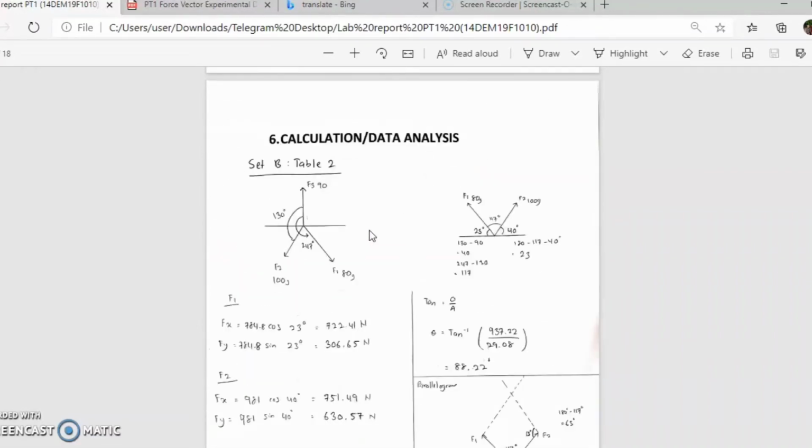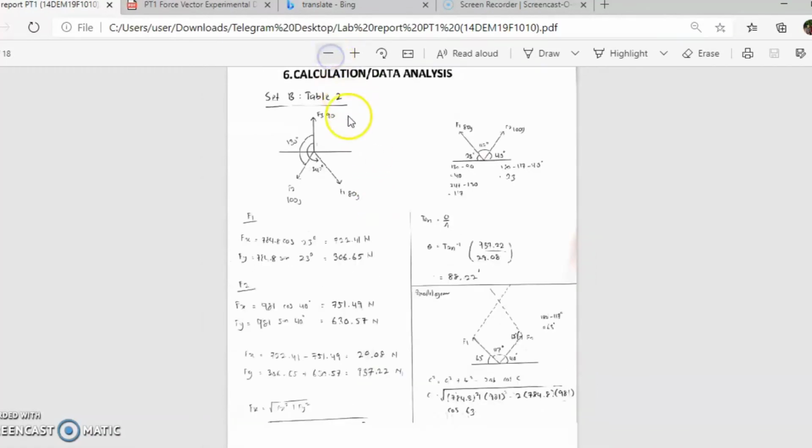Same goes to table 2. Basically, we use the same formula and calculation to get the value of this table. But for this table, the action angle is counterclockwise. We calculate using the same formula as table 1, but we will get a different value because the angle action is different from table 1.